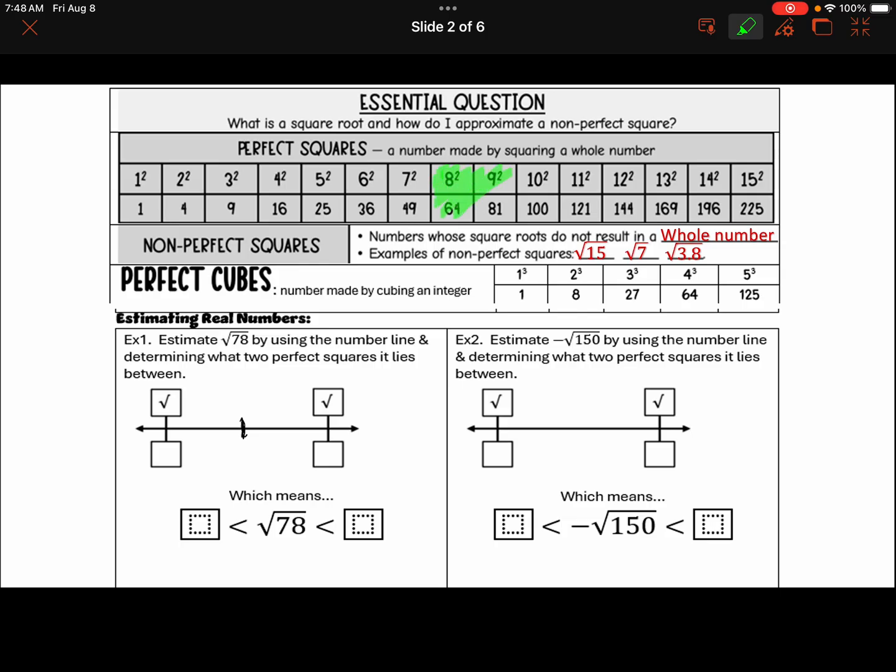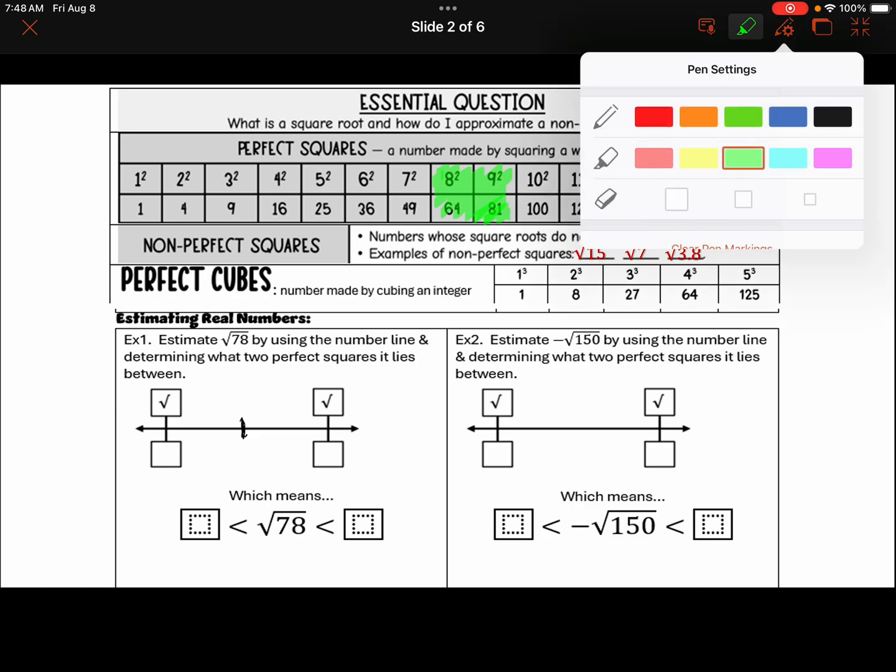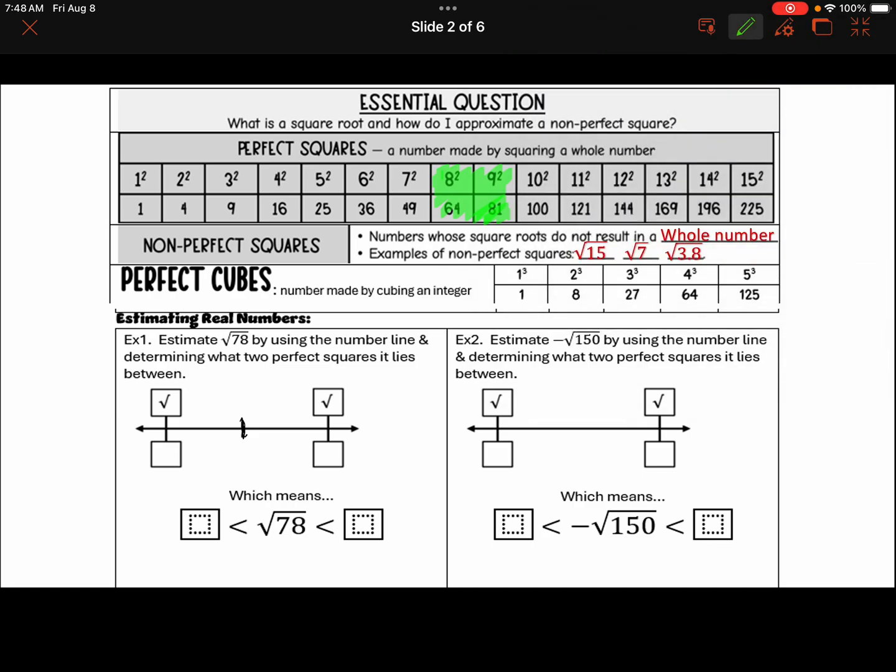And I notice 78 is going to be somewhere between 64 and 81. So I am going to write that up here. I know it's between 64 and 81. Well, the square root of 64 is 8, and the square root of 81 is 9. So I know it's somewhere between 8 and 9.